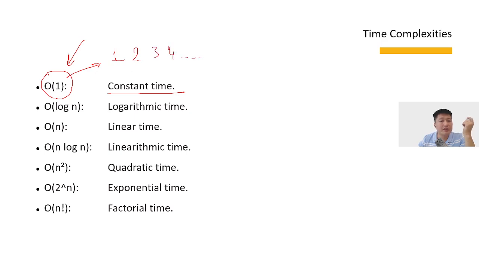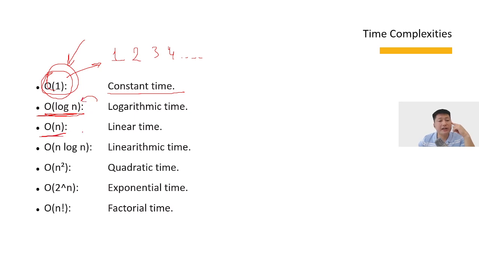All this takes O(1). It's very fast. Then log n, guys. I showed it when we want to find a value in an array which is already sorted. It takes O(log n) time complexity.